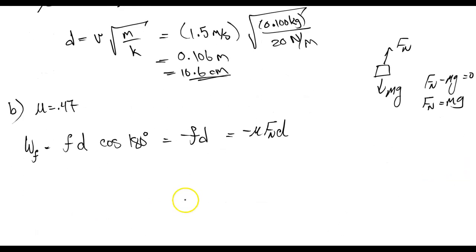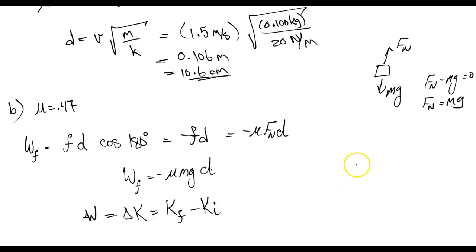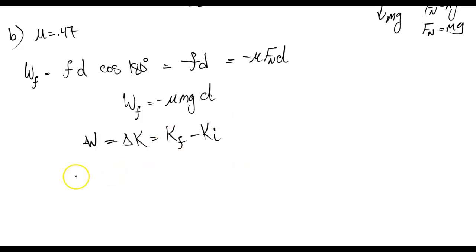So we can say that the work done by the friction force then is minus mu mg d. And now we have the work done is the change in kinetic energy. So kinetic energy final minus kinetic energy initial. We have the force of friction work, which is minus mu mg d.